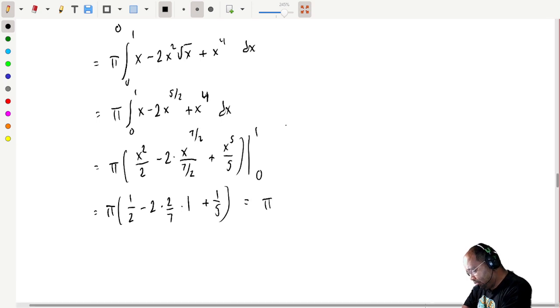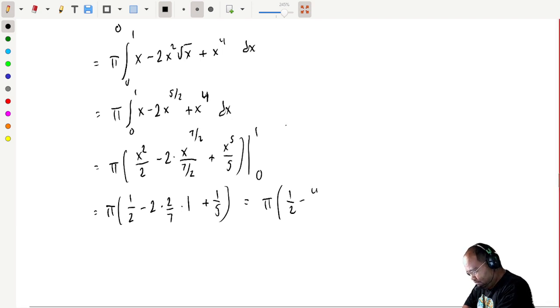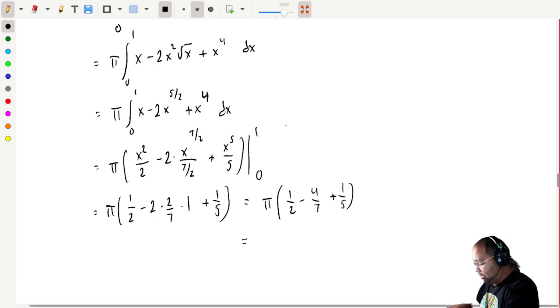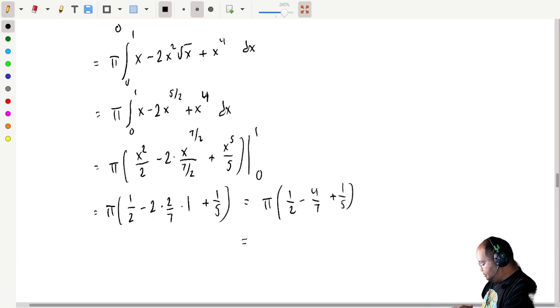So let's tidy this up. We have 1/2 minus 4 over 7 plus a fifth. You are free to use your favorite calculator of choice here. So when we go ahead and type all this into our favorite device, we'll get one nice little fraction.